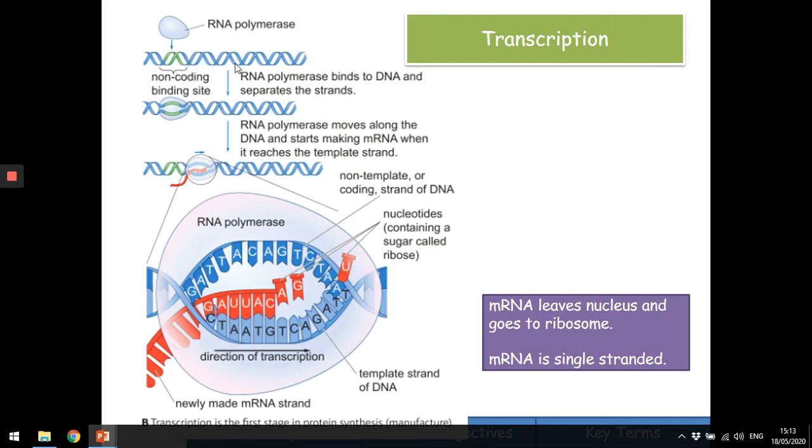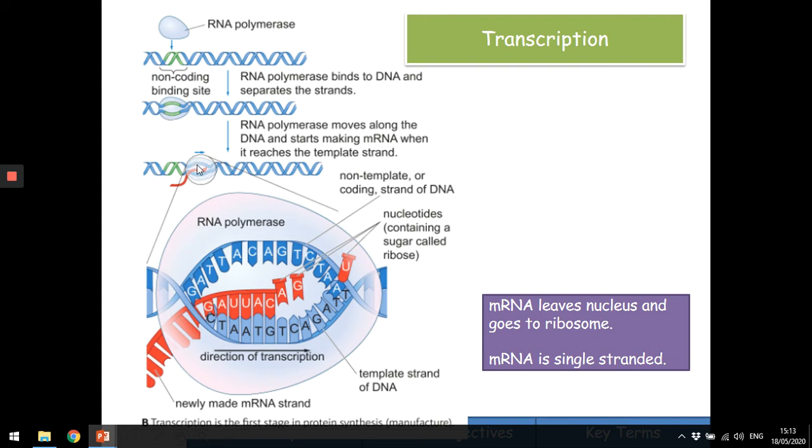So the gene would follow on from the non-coding region. The gene would be, say, here, and the non-coding region here. The gene is the coding region, so the gene gives the instructions to make the protein. The RNA polymerase comes here and unwinds the DNA, so it breaks the weak hydrogen bonds and separates the two strands.